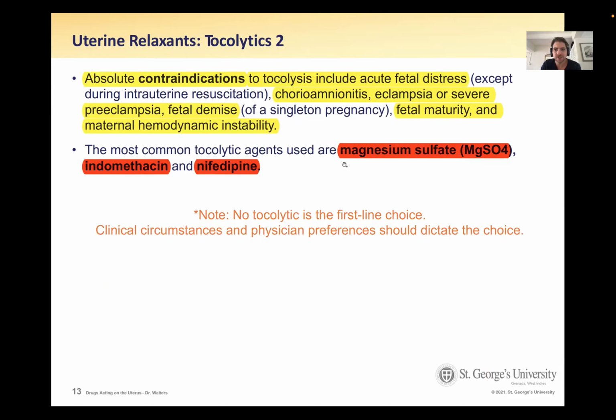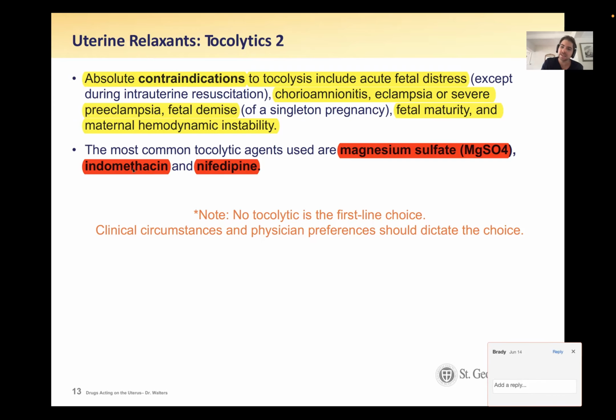They also use magnesium sulfate a lot right before delivery. They're waiting for the cervix to be fully dilated, so you can give magnesium sulfate in the hospital, and that will help stop premature contractions until it's time.